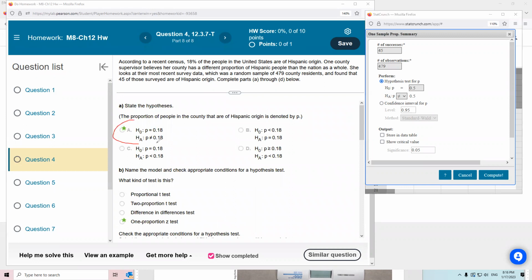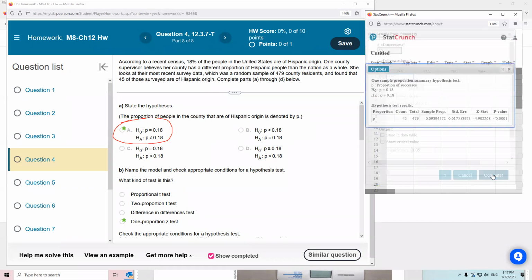Remember, here was our setup. So I'm going to put a 0.18 in this box. And notice in this drop-down menu, I can pick from any of the 3 possible options for the alternative. It's either a not equals or a less than or a greater than. In our example, we're using not equals, so I'm going to leave that as not equals. And now I'm just going to click compute.